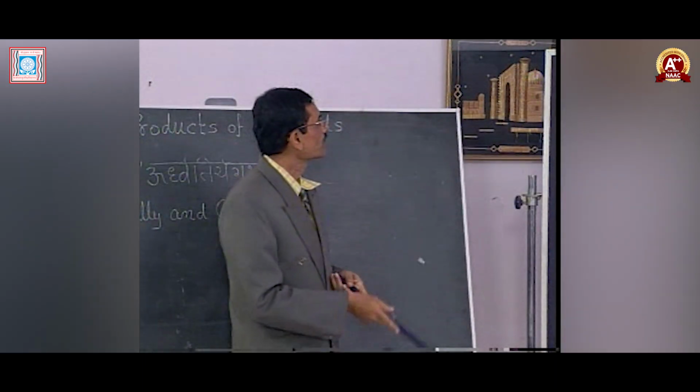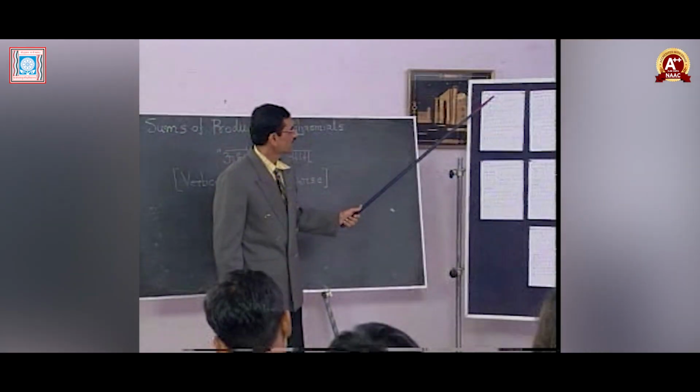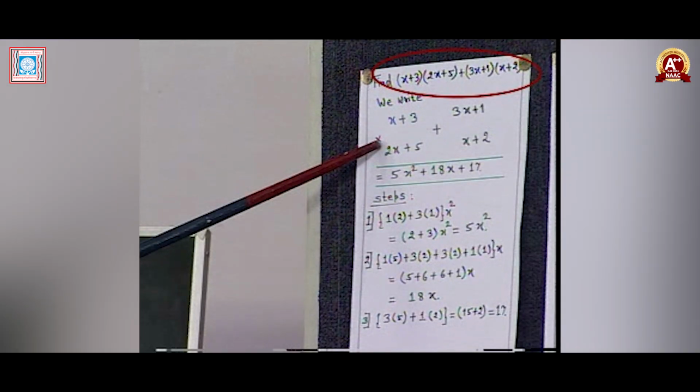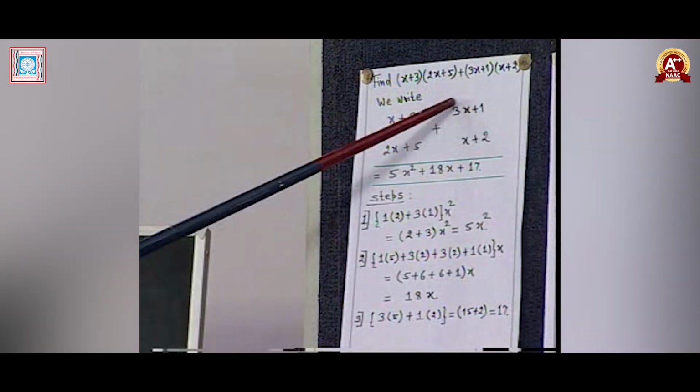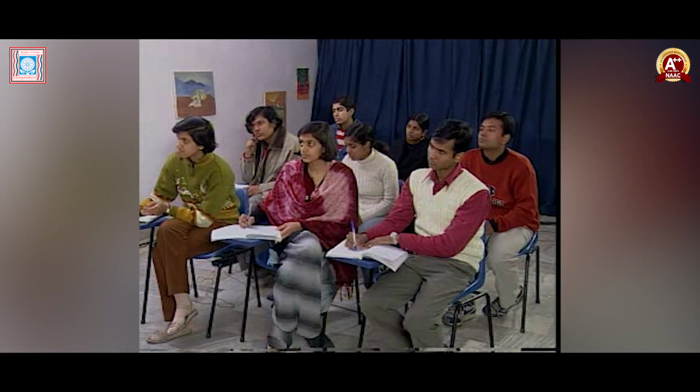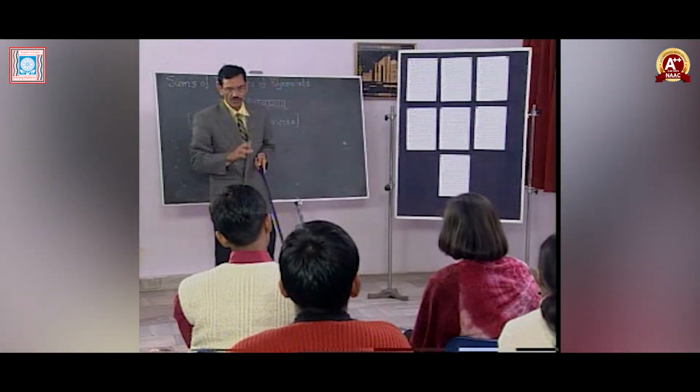First example. Our problem is to find (x plus 3) into (2x plus 5) plus (3x plus 1) into (x plus 2). So multiplication of two binomials plus multiplication of another two binomials. That is what is asked.